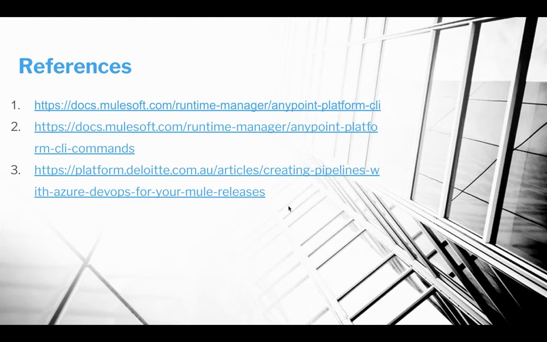If you are interested in Azure DevOps, and want to learn how to build your pipelines, release pipelines, and how to store artifacts, this is a pretty good link. The best part about this article is it uses Anypoint CLI to develop the pipeline. So if you're interested in both topics, it's a perfect article for you.